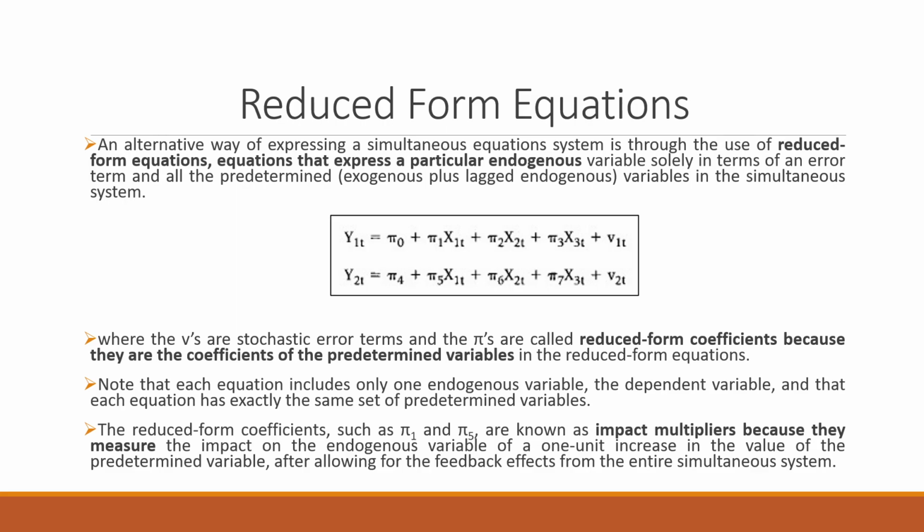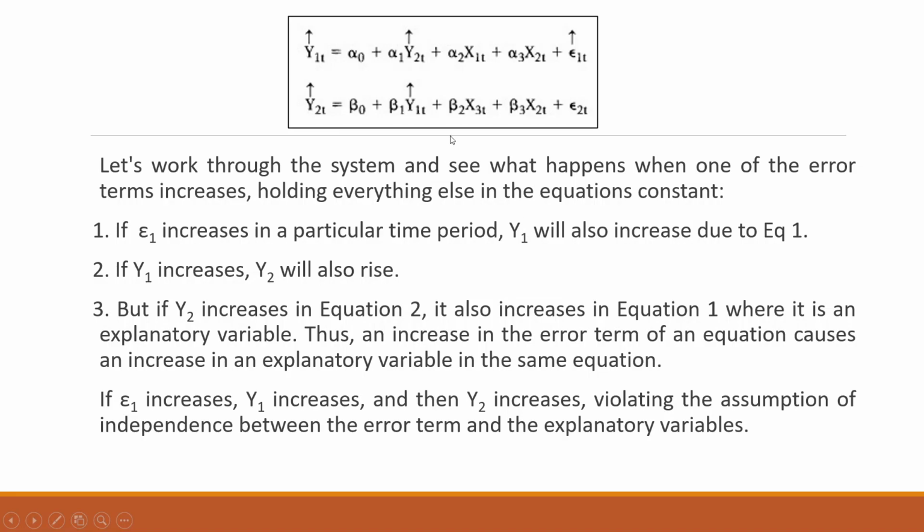To overcome such a scenario, we use reduced form equations. An alternative way of expressing a simultaneous equation system is through the use of reduced form equations: equations that express a particular endogenous variable solely in terms of error terms and all the predetermined exogenous plus the lagged endogenous variables in the simultaneous system. Let's go back to the original equation.